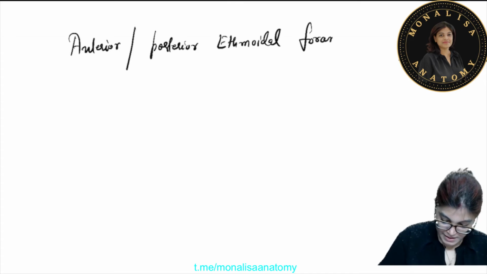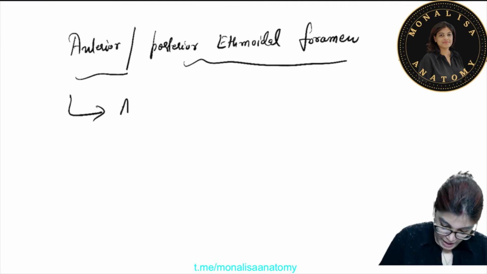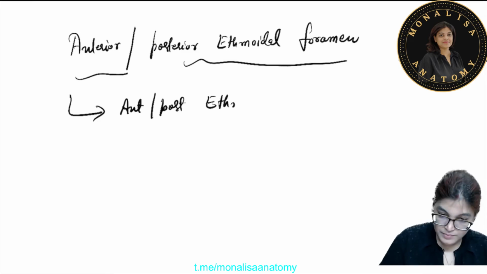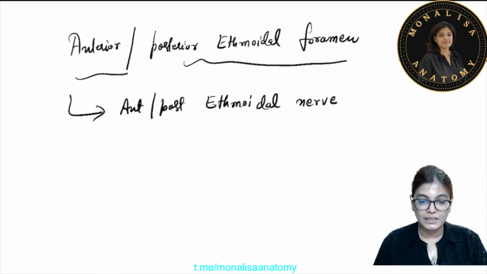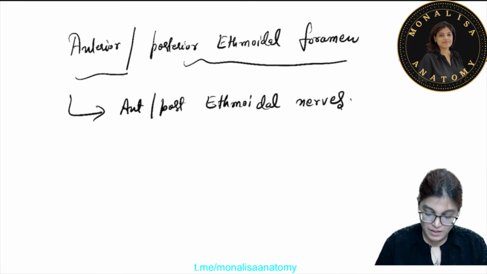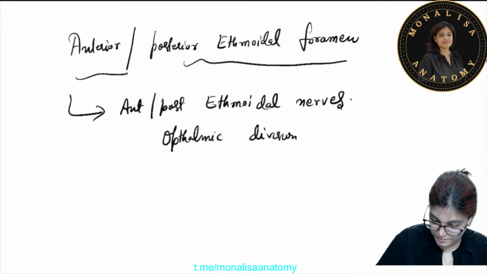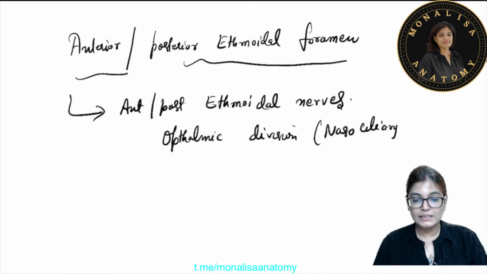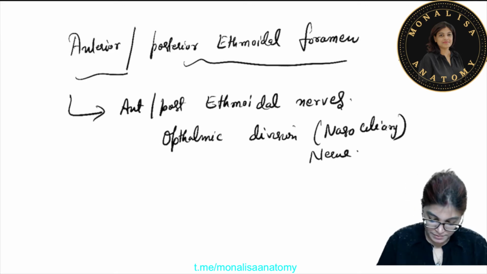The structures passing are the anterior and posterior ethmoidal nerves. These are branches of the nasociliary nerve, which, as you know, is a branch of the ophthalmic division, which is again a branch of the trigeminal nerve.